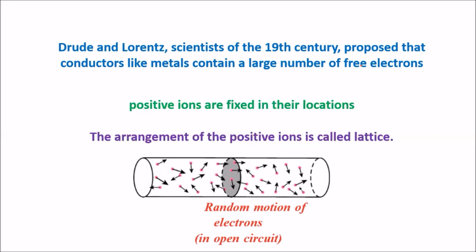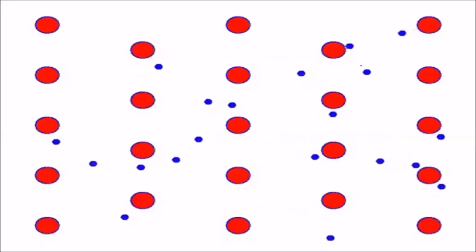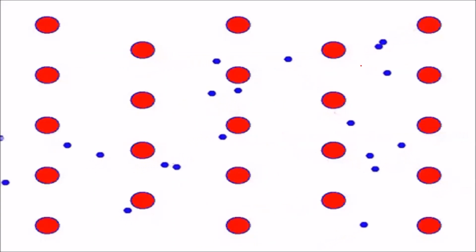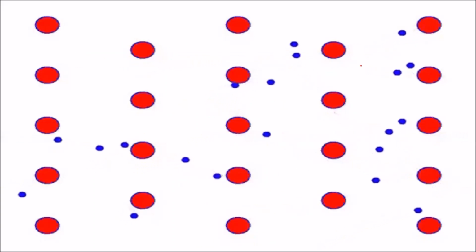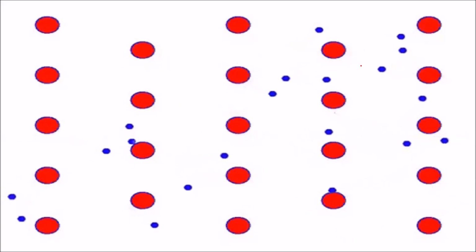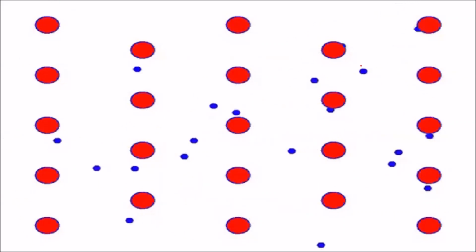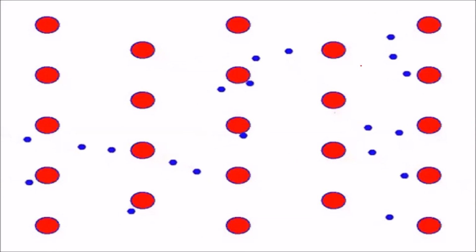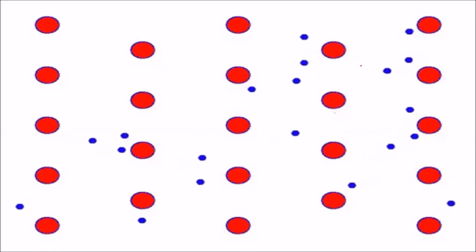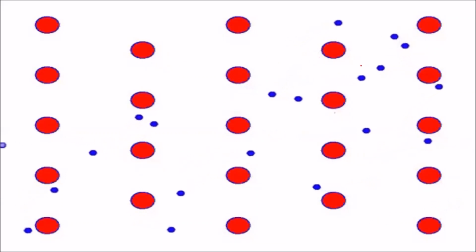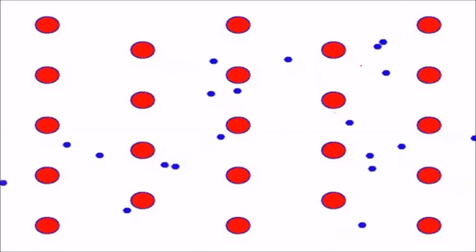Any area you can consider that is an area. Next, you see those red color particles are atoms, or simply to say positive ion, and those positive ions place is fixed. That fixed place is known as lattice, and those blue color particles are free electrons which are in random motion you can observe.